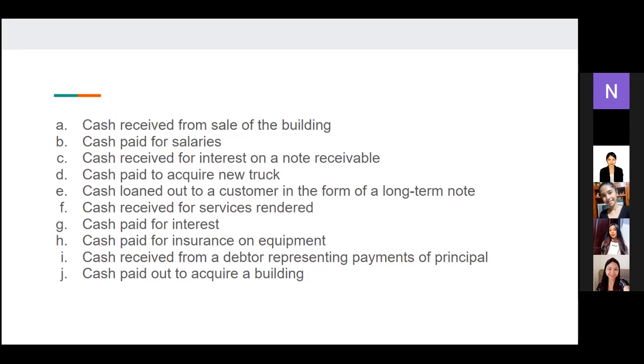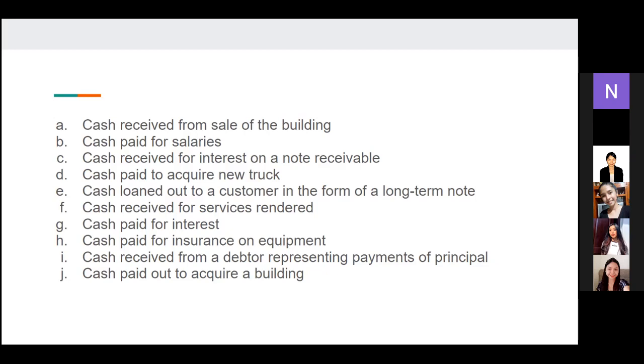So, letter G is cash paid for interest. So, itong cash letter G is sa operating activities. Kasi kapag mag-entry tayo ng pagbayad ng interest, ang magiging entry natin is interest expense, debit interest expense, and credit natin is cash.